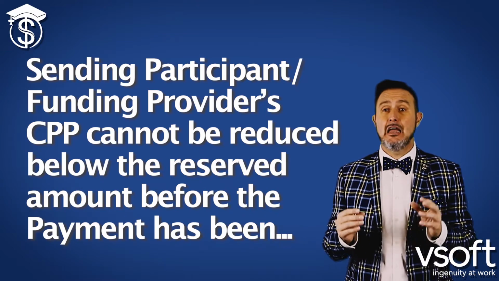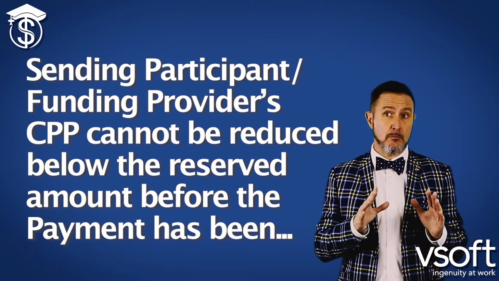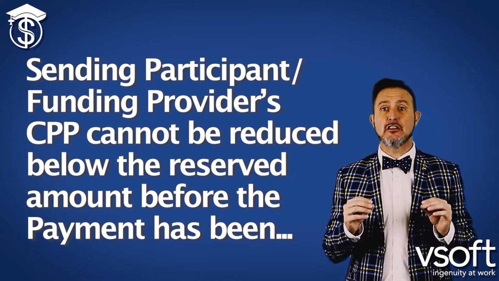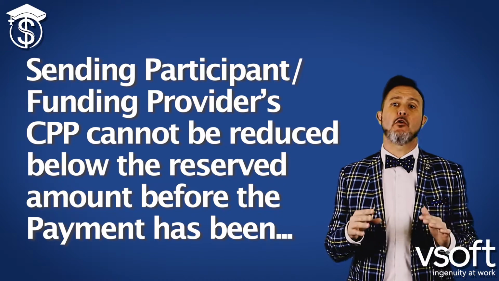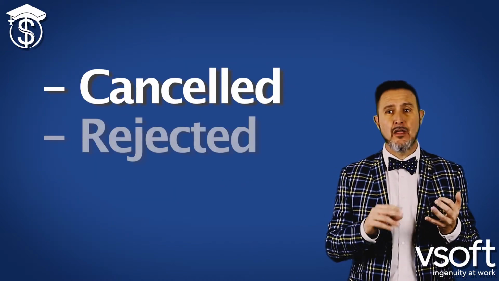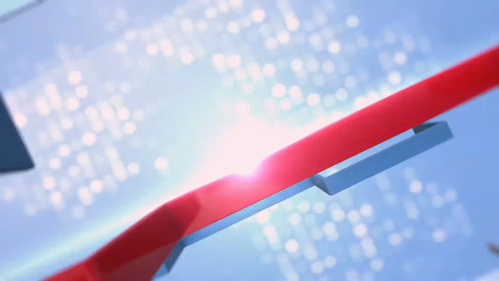This is done so that the sending participant or funding provider's current pre-funded position cannot be reduced below the reserved amount before the payment has either been canceled, which is really hard to do, rejected, or settled. It can be rejected and it can be settled, but we really don't see cancellations very often at all in the RTP network. Well, what's next?